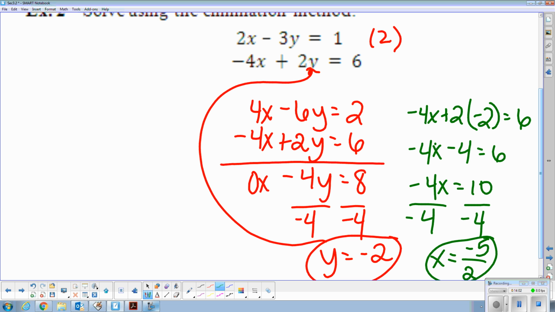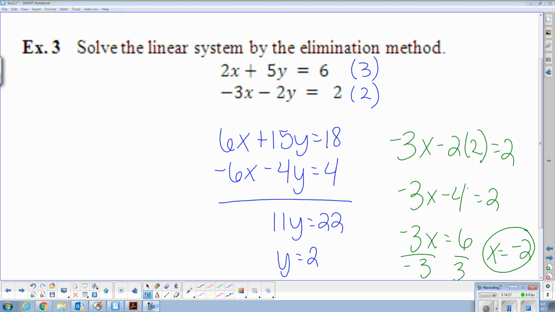Now take that x value and that y value and plug them both into the first equation, and plug them both into the second equation. When you do that, you should get 1 equals 1 and 6 equals 6. So just looking at example 3, you should have solved using the elimination method.